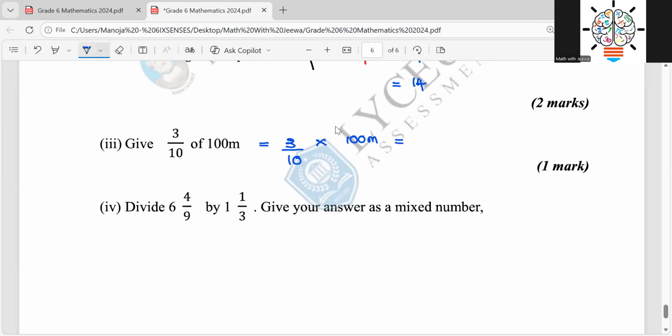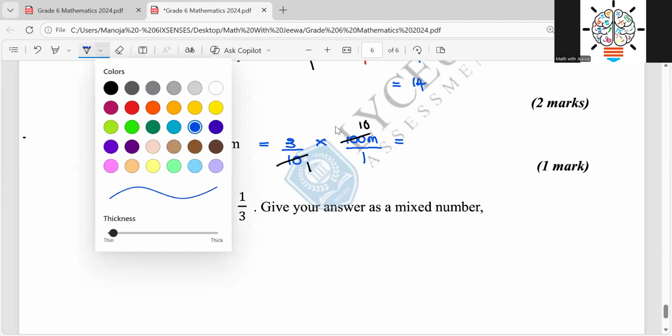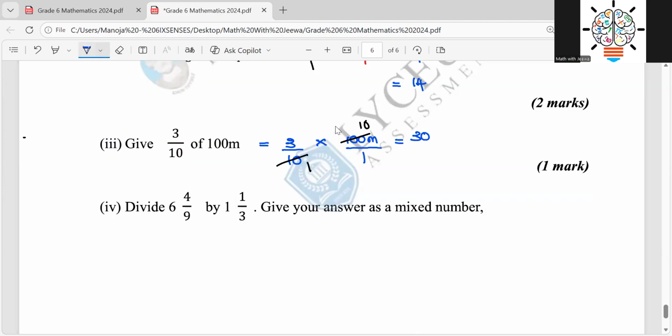So then you can just write this as 100 over 1 to keep it as a fraction. So then we can simplify this. How? 10 times 1 and 10 times 10. So then you just multiply 3 times 10, 30. 1 times 1, 1. Then the final answer will be 30 meters.